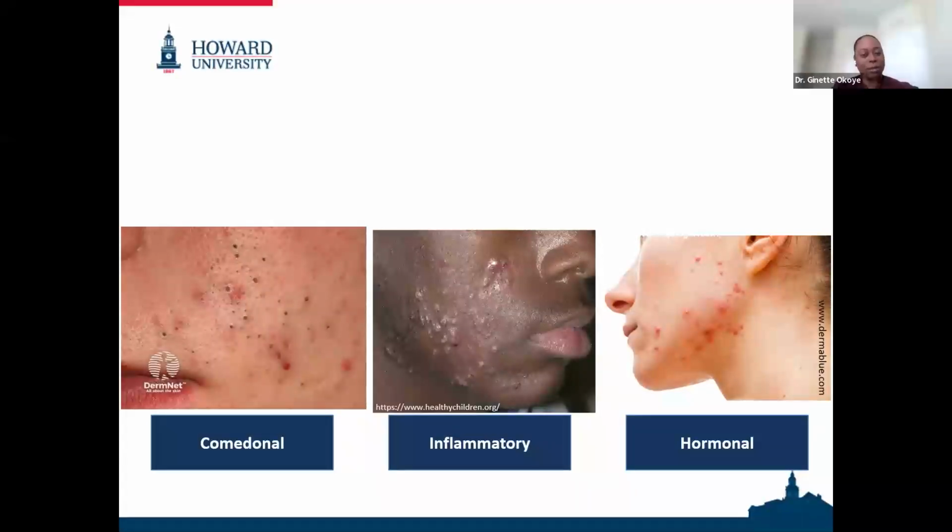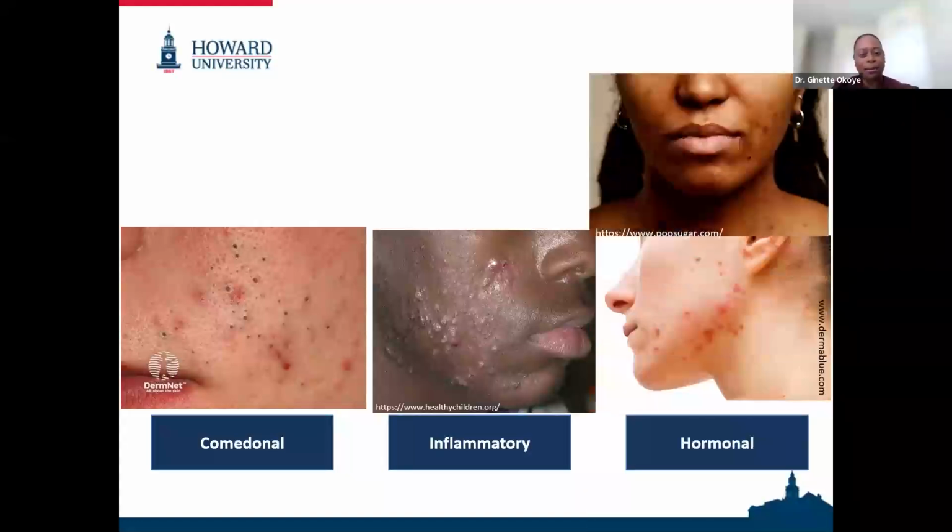It's not teenagers, it's women a little bit later in life. The acne lesions tend to occur on the jawline, around the mouth, on the anterior neck. And these patients respond really well to hormonal therapy. And so you can get them better much faster if you're really directing your treatment at the type of acne they have.